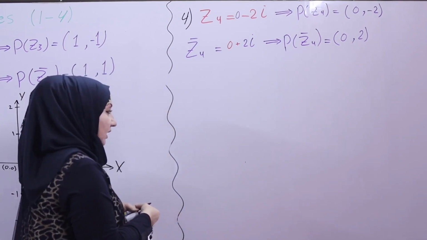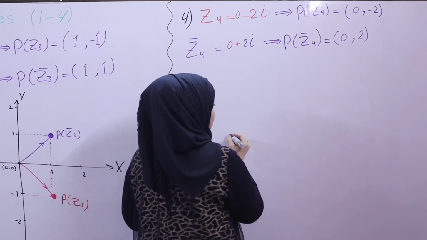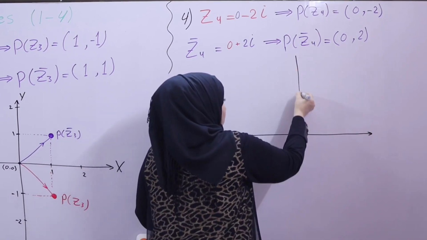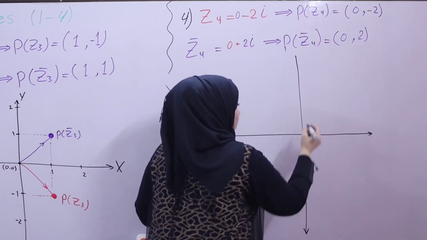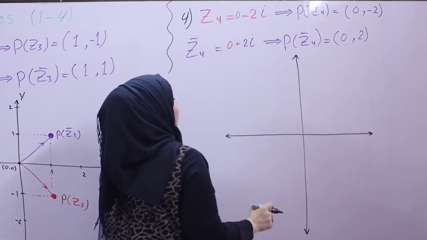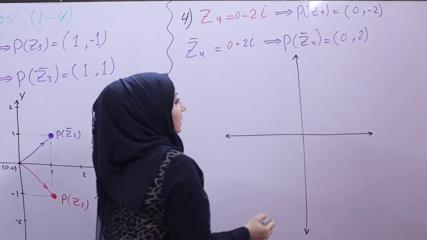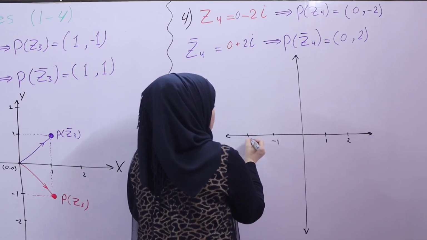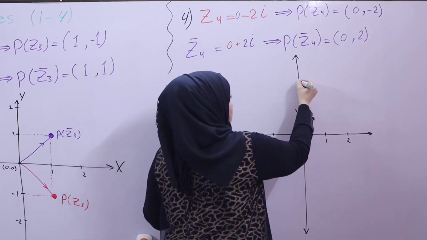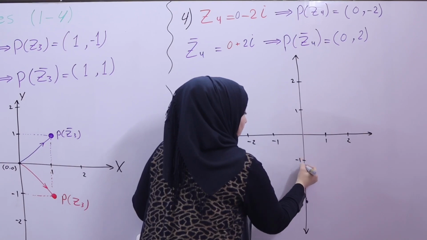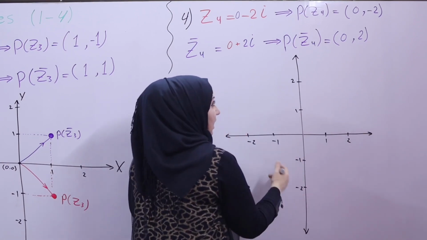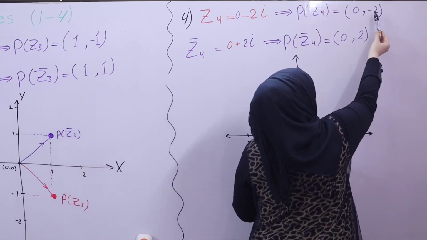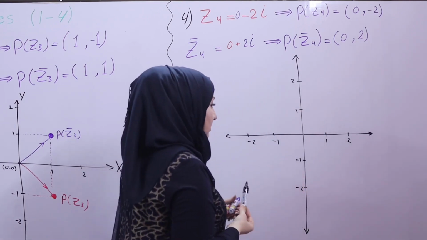We can represent them in the coordinate plane to find the Argand shape for each of the complex numbers Z4 and its conjugate. So we need the points 1, 2, negative 1, negative 2. I noticed that I took only the number 2; the rest of the numbers I need range between negative 2 and positive 2 on the y axis.